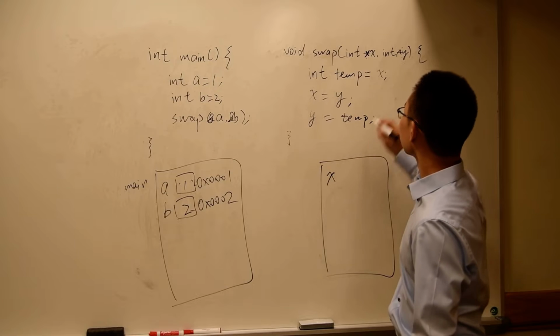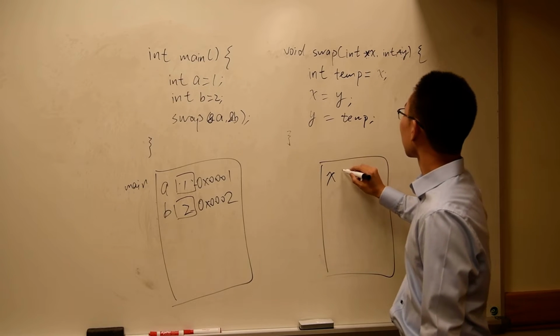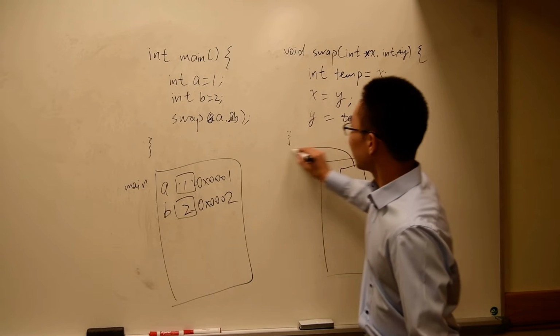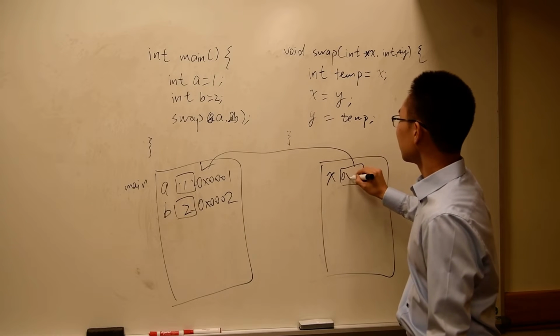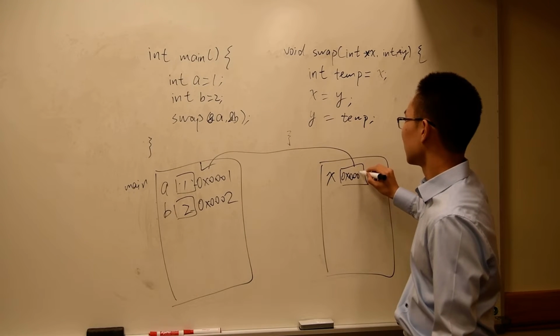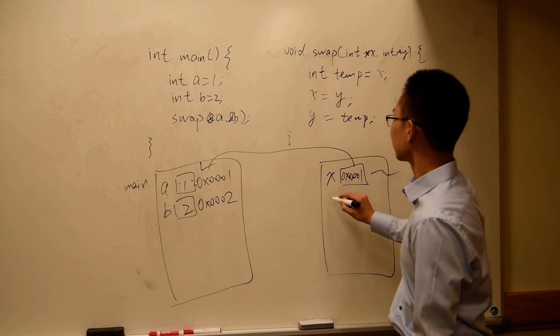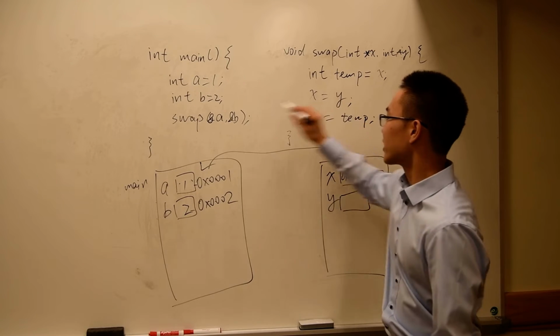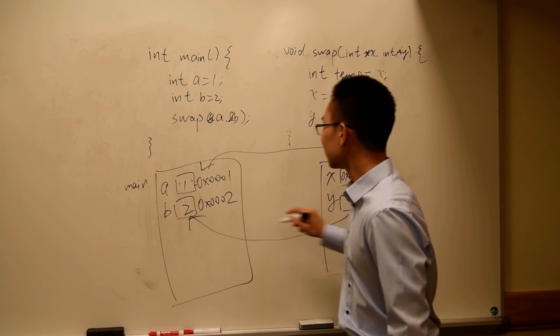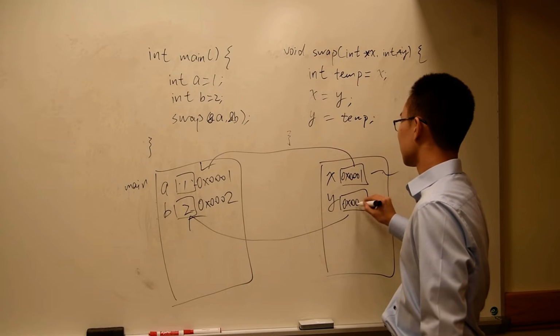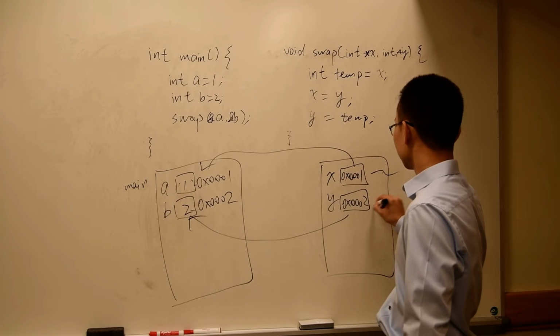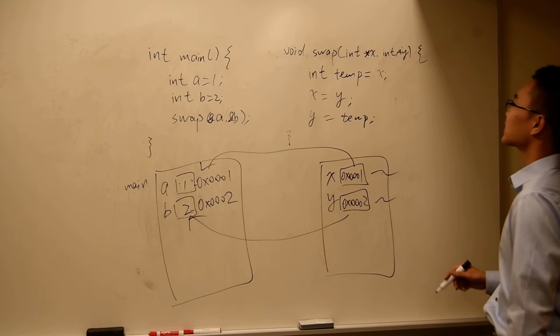So x is a pointer to an int whose value is the memory location or address of a. It has its own address. Y is a pointer to int which points to b. It stores the address of b as its value.